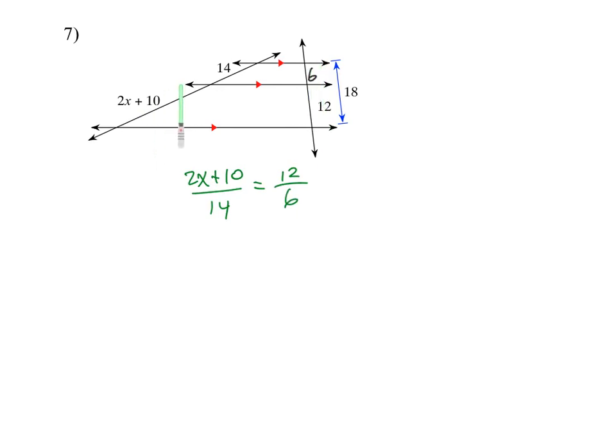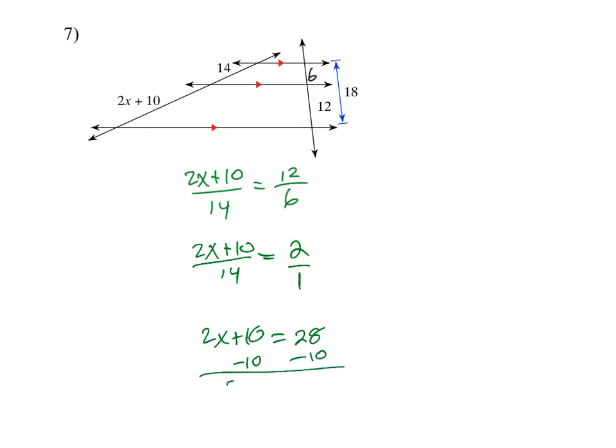I'm starting with this one, so I have to start over here with that one. So 2x plus 10 over 14 equals 2 over 1. So 2x plus 10 equals 28. Minus 10, 2x equals 18. Divided by 2, that means that x equals 9. And that's it.